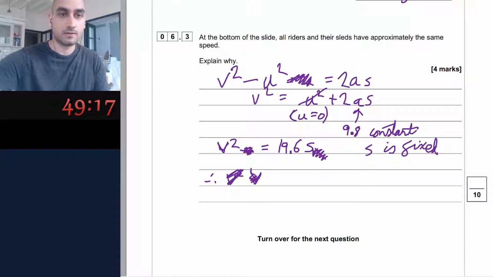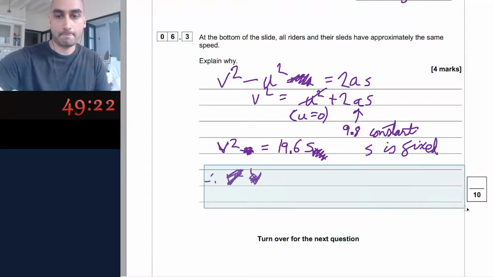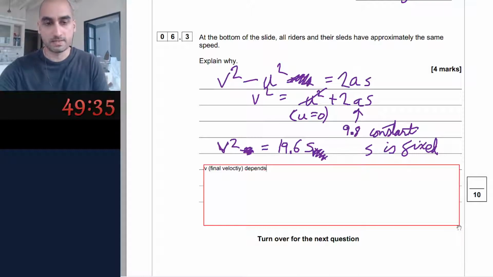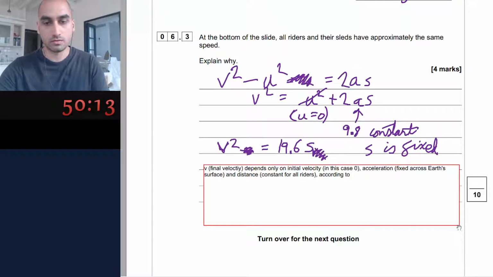Okay, let's explain this in words. V, final velocity, depends only on initial velocity, in this case 0, acceleration fixed across a surface, and distance constant for all riders according to the derived equation.